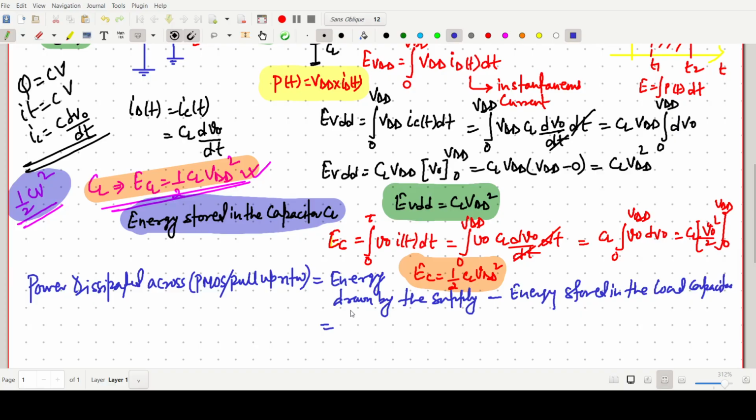So the energy drawn by the supply is EVDD, and the total energy drawn minus EC.